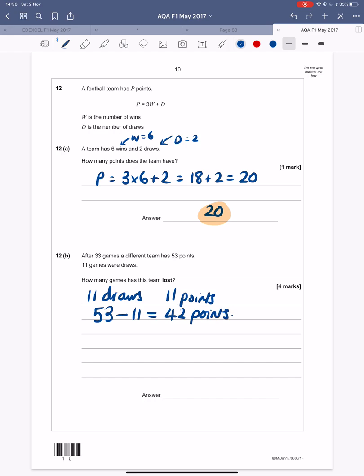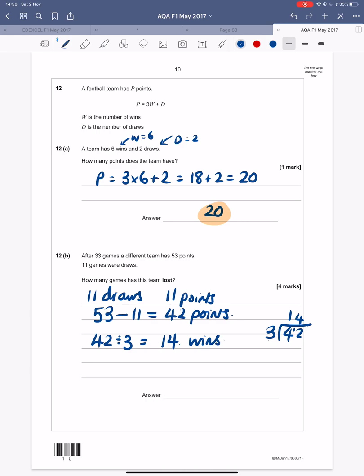Okay, so it's 11 games of draws. We don't get any points for losing, so all these 42 points must have come from winning. And the wins will give you 3 points for every win. So you do 42 divided by 3. 3's into 4 go 1, remainder 1, 3's into 12 go 4, is 14. So that means it's 14 wins.